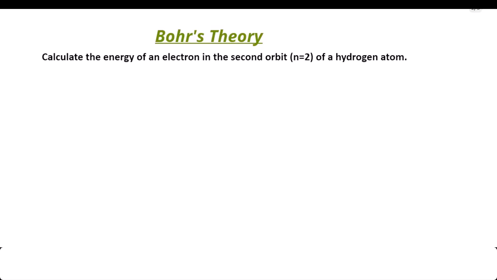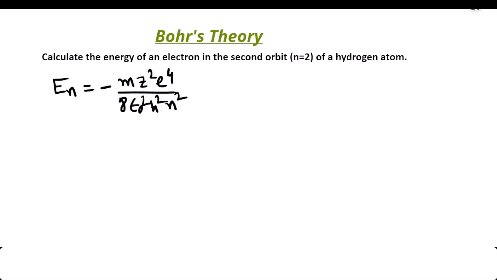Now we know the expression of energy in the nth orbit, that is En is equal to minus m Z square e to the power 4 divided by 8 epsilon 0 square h square n square.